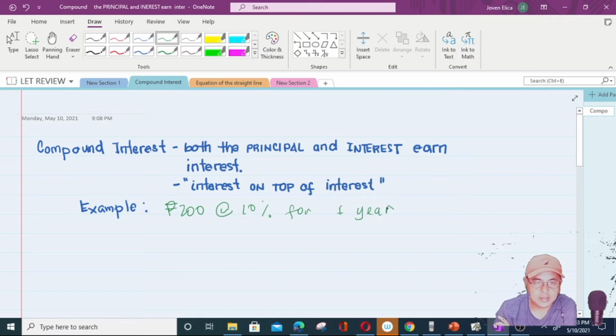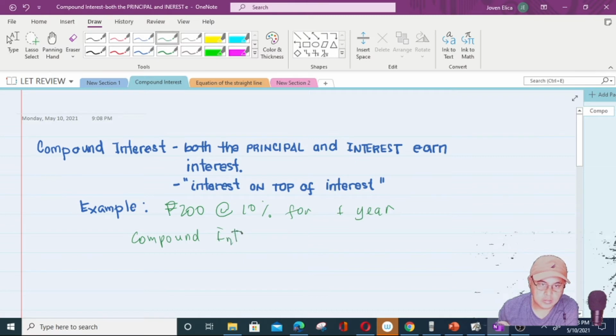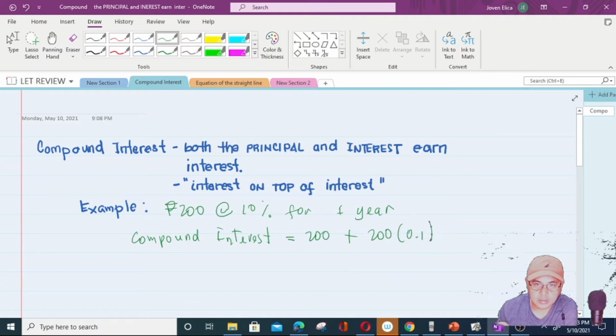So what will be the compound interest of this money I borrowed? So the compound interest will be 200 plus 200 multiplied by 0.1. This is the interest.